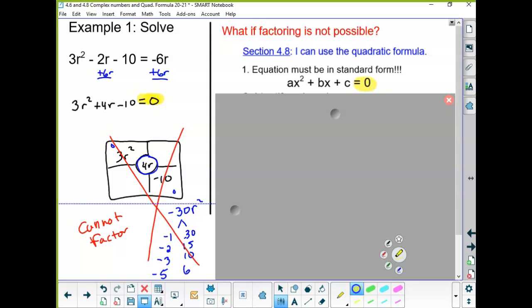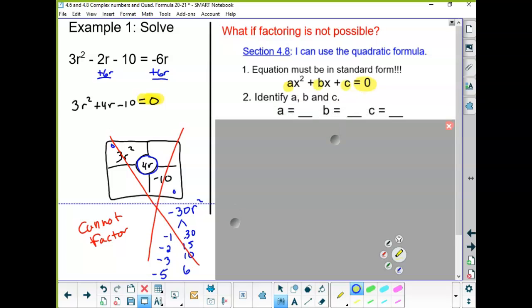Solve, move everything over to one side, and then you can identify what the A, B, and C are. A is always going to be the number that's in front of the squared value. So I might actually use different coloring here. So in our example, our A is the 3, because that's attached to the R squared.